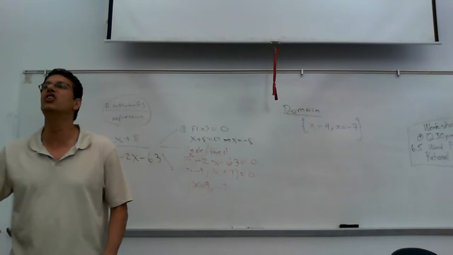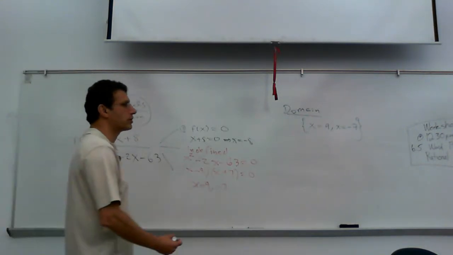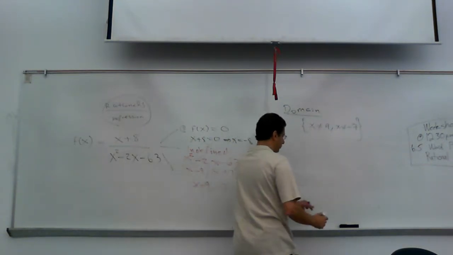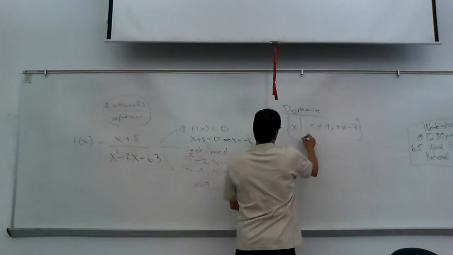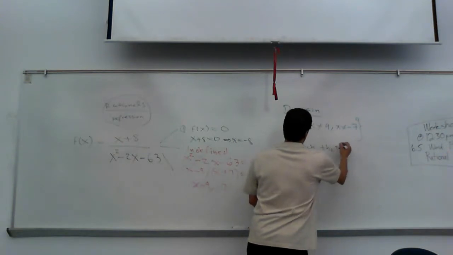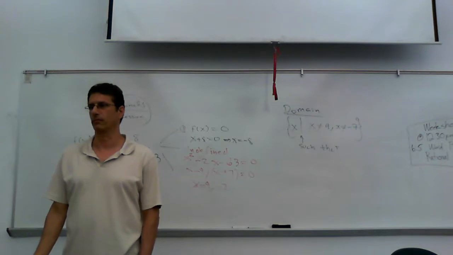It makes it not work, right? In fact, it can't get any worse. So the answer is this. So the proper notation would be x such that x is not 9, x is not negative 7.